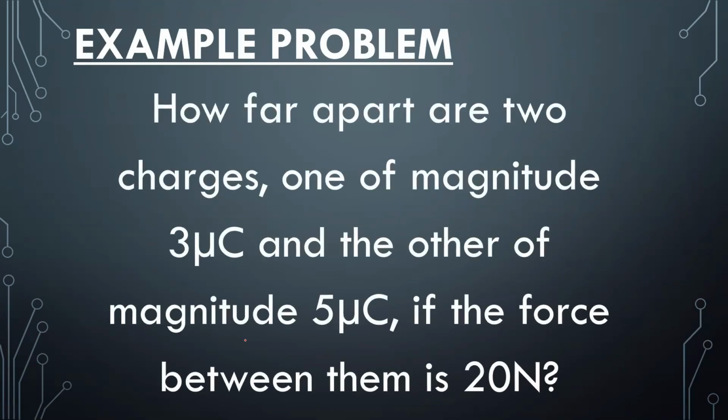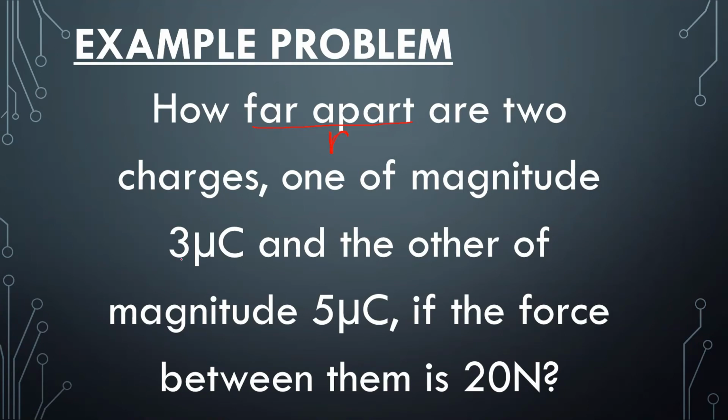How far apart are two charges, one of magnitude 3 microcoulomb and the other of magnitude 5 microcoulomb, if the force between them is 20 Newton? Since we are looking for how far apart, we are referring to the distance of the two particles.